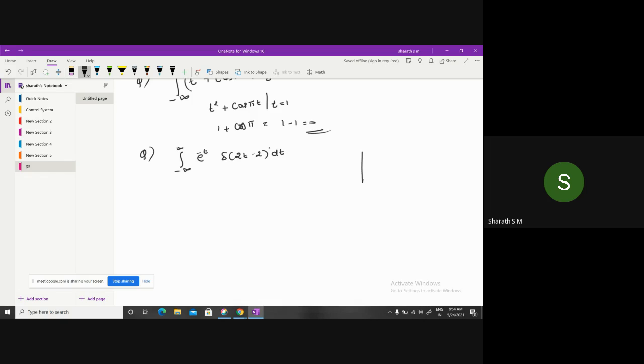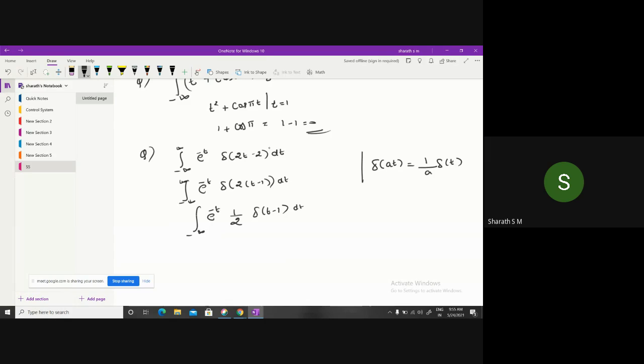We know the property that delta of at is equal to 1 over a into delta of t. In the same way here, e power minus t delta of 2 times t minus 1 into dt. Here, in delta of at, the value of a is 2. So this can be written as 1 over a, that means 1 over 2, and in the place of t we have t minus 1, so delta of t minus 1 as it is.